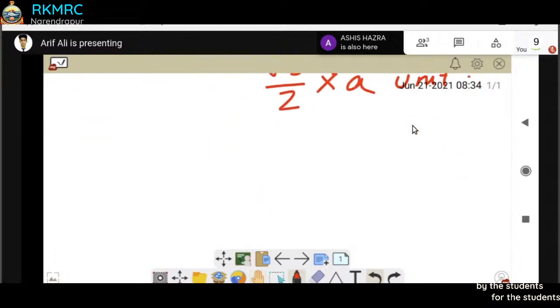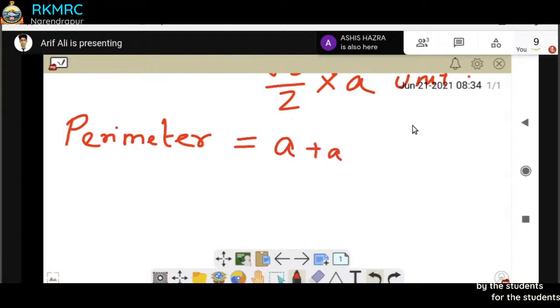And if you want to calculate perimeter of equilateral triangle, which is sum of all the sides, meaning A plus A plus A, which is 3A unit.